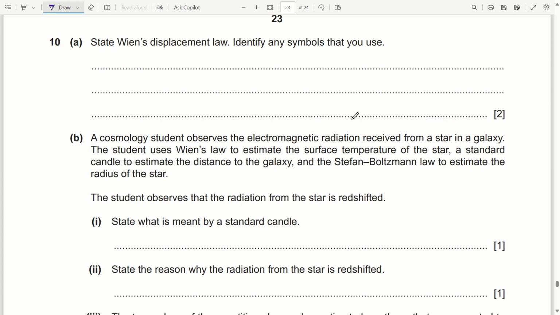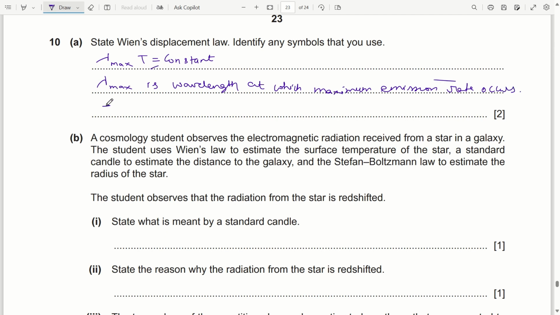So we know that Wien's displacement law is given as lambda max T is equal to constant, where lambda max is the wavelength at which maximum emission rate occurs, and T is thermodynamic temperature.